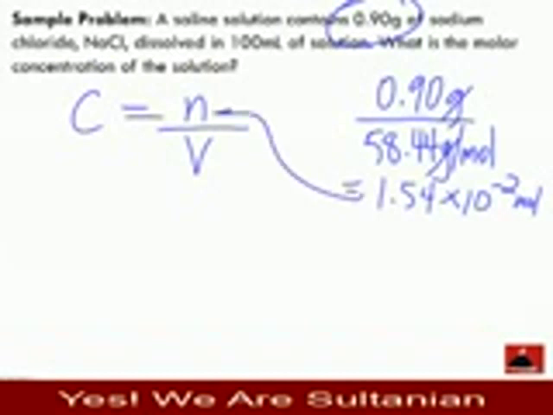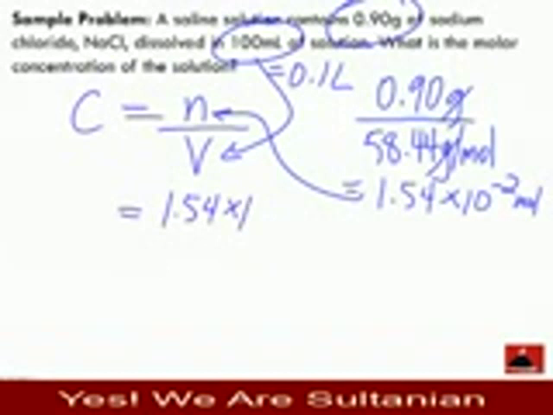That will be this. Our volume of the solution is 100 milliliters, but we can't just use that because we first need to convert it to liters. So 100 milliliters is equal to 0.1 liters. So the molar concentration is 1.54 times 10 to the negative 2 moles divided by 0.1 liters.